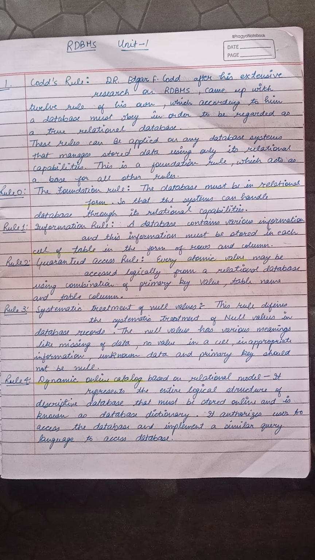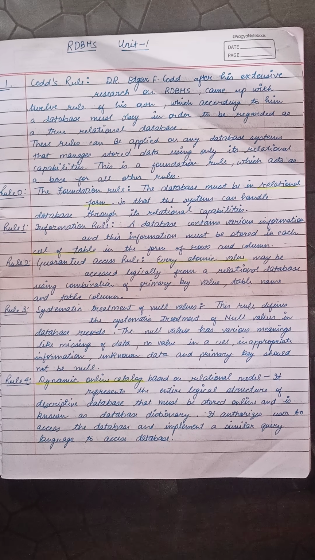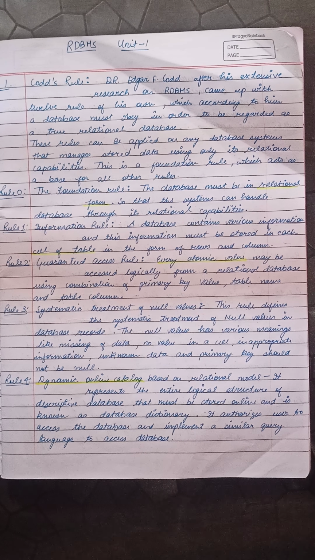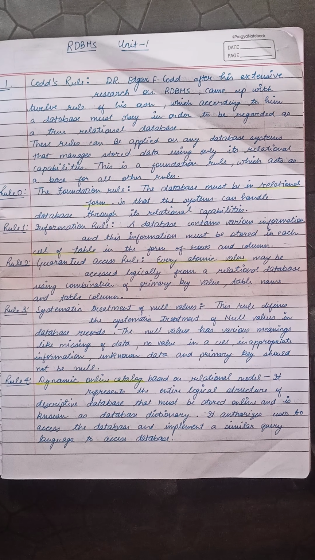The first rule says the data must be in the form of tables, the relational form, and the second says that if you want to store data in the database, that data should be stored in each cell of the table. So rule 0 says you must have a table, and rule 1 says you must store the data in each cell of the table.